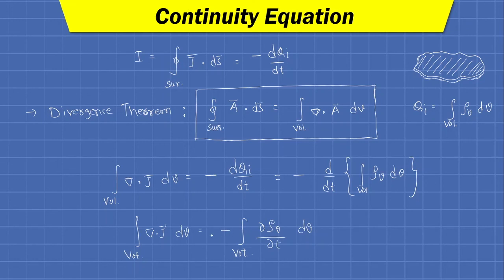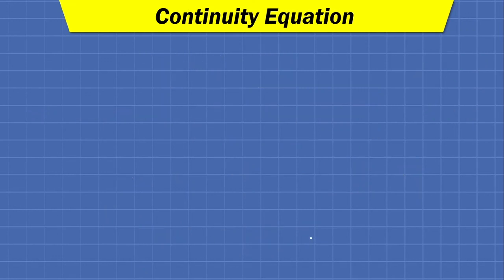Now comparing right hand side and left hand side, both are having volume integration sign and with respect to dV. Fine. So we have achieved the equation: the volume integration of divergence of J bar dV equals minus the volume integration of del rho v by del t dV. Fine. So we can write divergence of J bar equals negative of del rho v by del t.